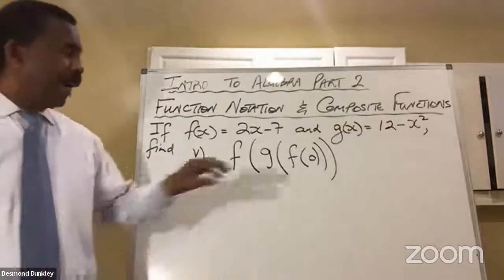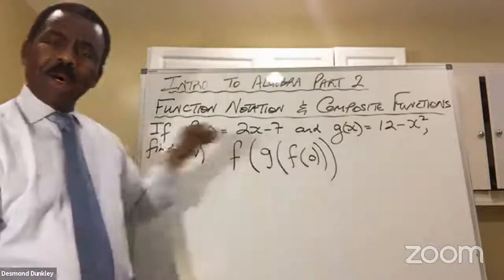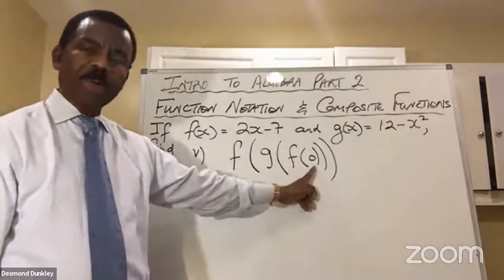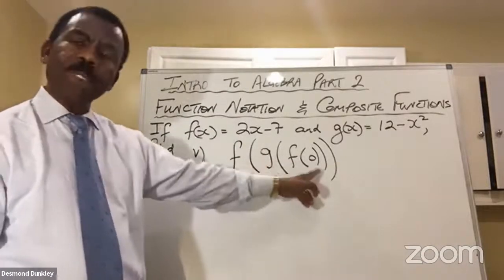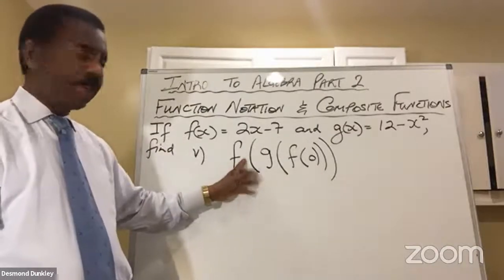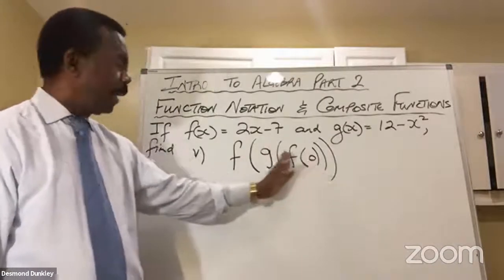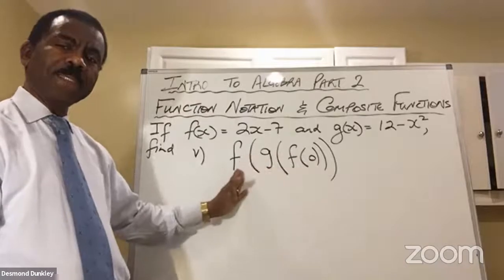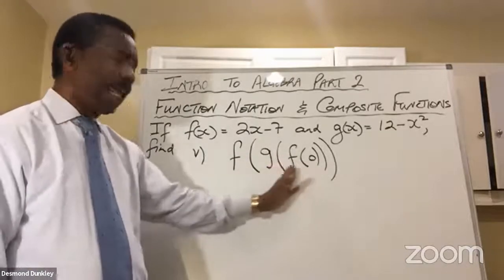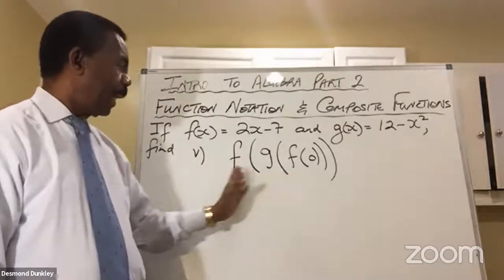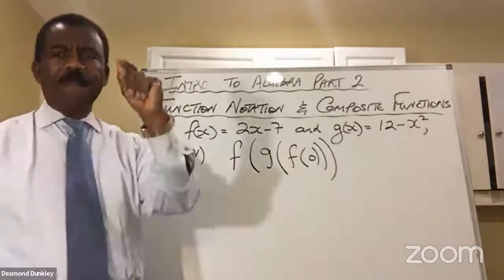So again, we have to work from the inside out. So I'm going to find f of 0, then I plug it into g, then find g of that result, then I plug it into f. So we start from the inside and we work our way out, step by step. f of 0, whatever I get, g of that number, whatever I get, f of that number. And that's my final answer.